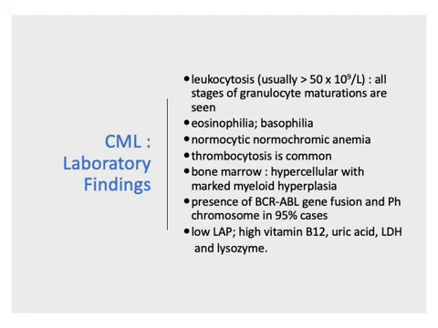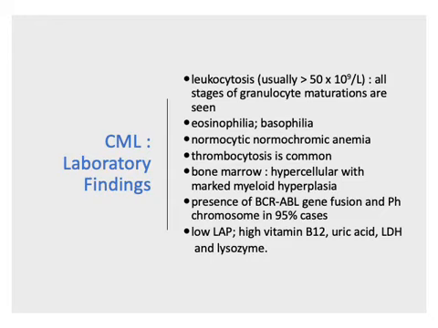Laboratory findings would include leukocytosis, where all stages of granulocyte maturation are seen, eosinophilia and basophilia, and normocytic normochromic anemia. Thrombocytosis is common but sometimes normal or rarely low. The bone marrow would show hypercellularity with marked myeloid hyperplasia. Of course, there is the presence of the BCR-ABL gene fusion and the Philadelphia chromosome in 95% of cases.